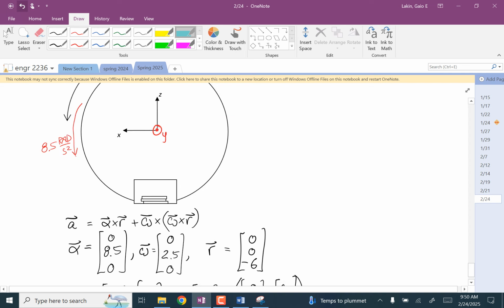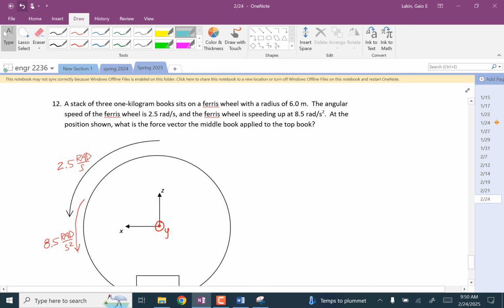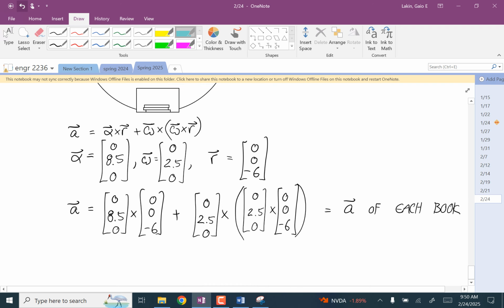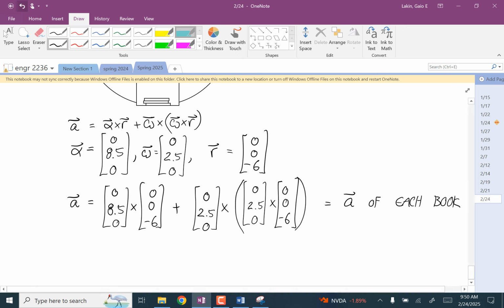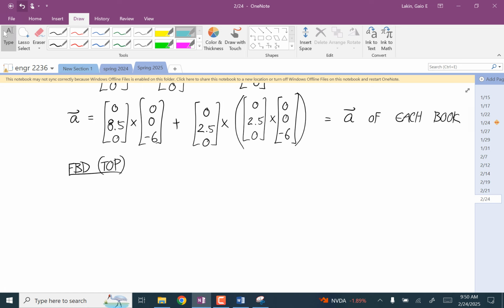Now we want to calculate the force the middle book applies to the top book. So I'm going to do a free body diagram of the top book. And we have a weight force down of 1 kilogram times 9.81. And a force pushing up on it.